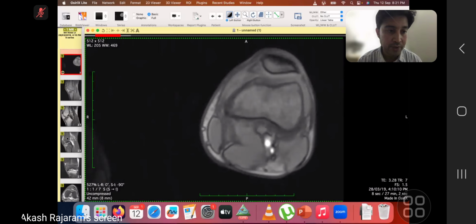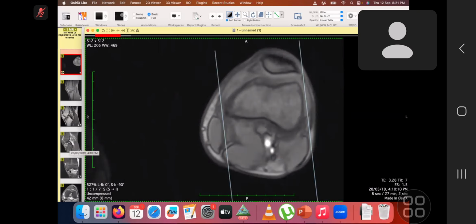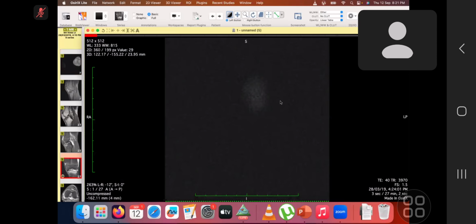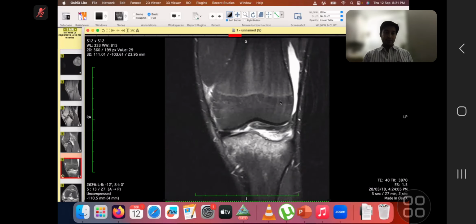Which sequence would you like to see first? Coronal. So this is a coronal T2 weighted image.